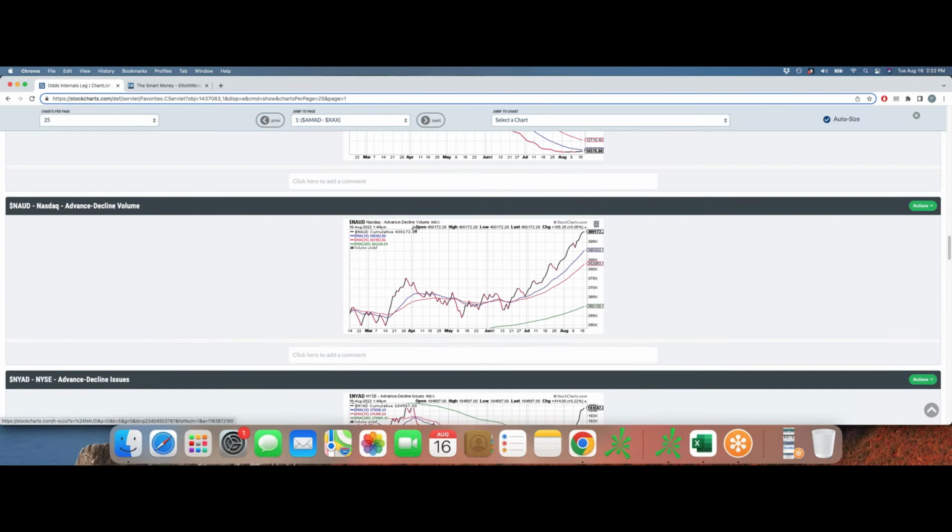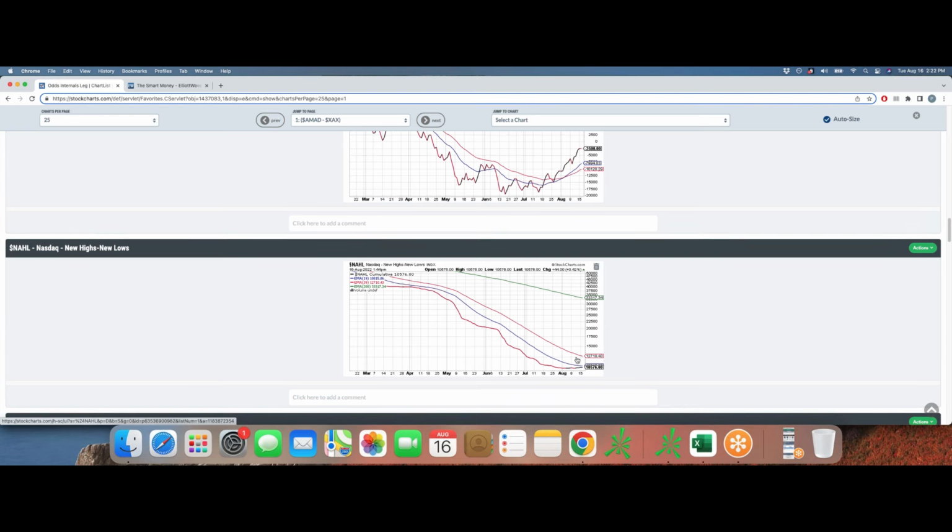Let's look at NASDAQ. NASDAQ advanced decline volume has been on a buy for a very long time. So exactly the reverse configuration. We've got the 200 EMA at the bottom, the 39 is above that, the 90 is above that, the 19 is above that, and above it all we've got the signal line or the cumulative.